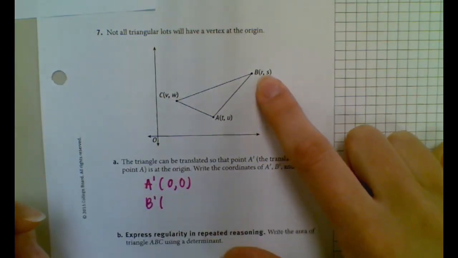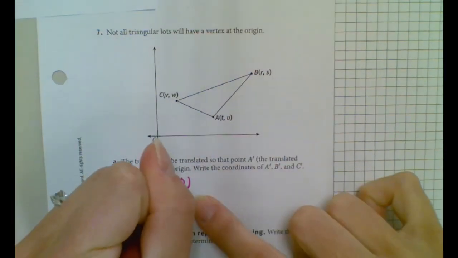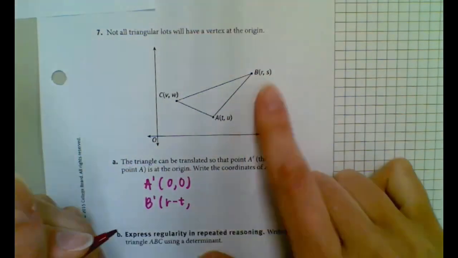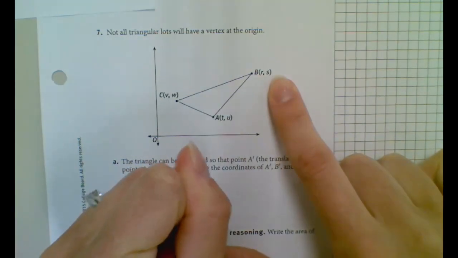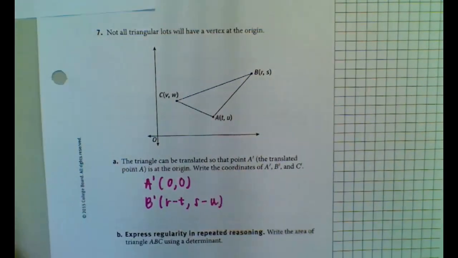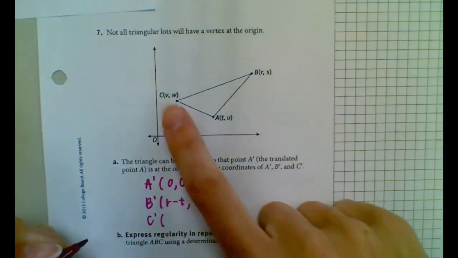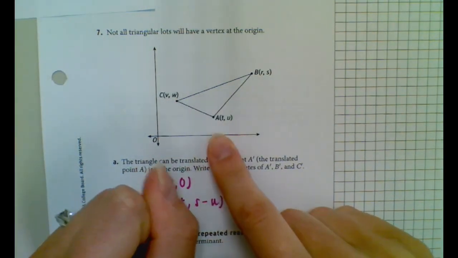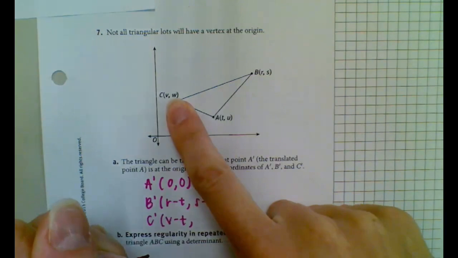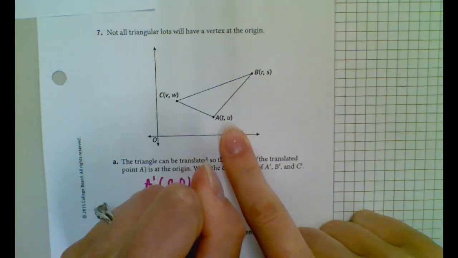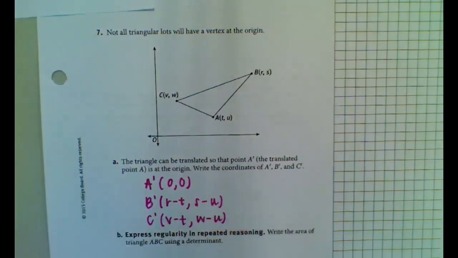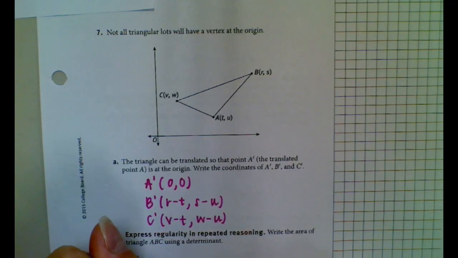B would be R minus T. That's that X distance. And the Y distance would be S minus U. Okay. And then C would be V minus T and W minus U. Notice how I matched up the X values and the Y values together. So now we're going to write the area of the triangle ABC using the determinant.